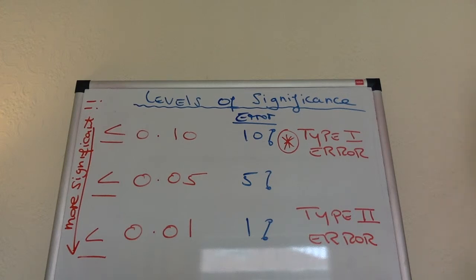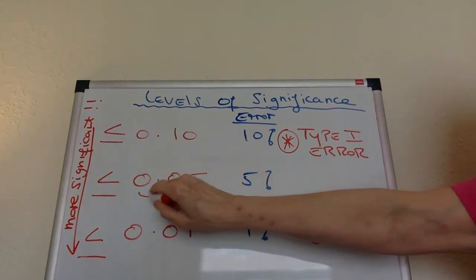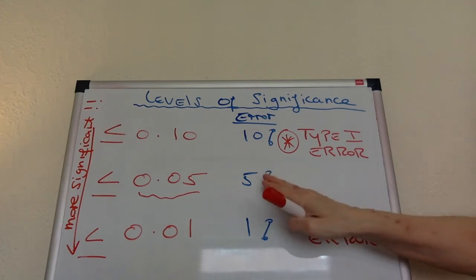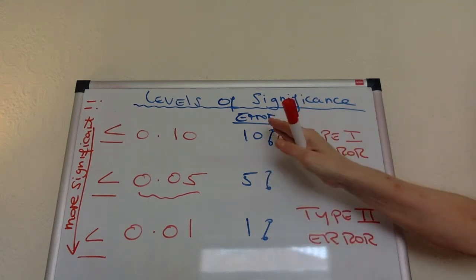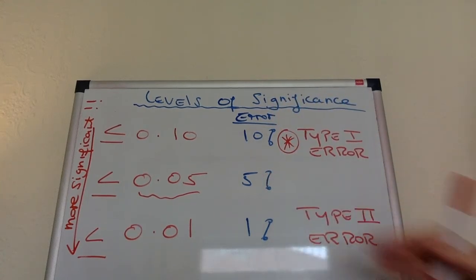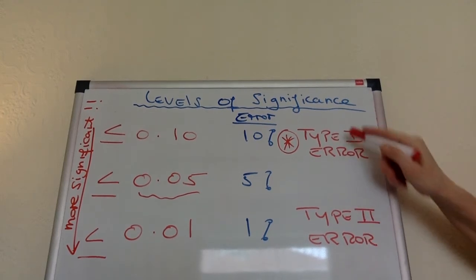Final point is, why do psychologists always go for this one? That's what you're told. And it's absolute rubbish because psychologists don't always go for that one. But it's the one in the middle which has got a 5% error chance, not 10%, not 1% or less or more, just 5%, which is most likely, but not always, going to avoid these major issues.